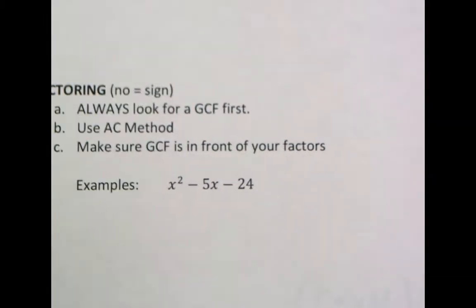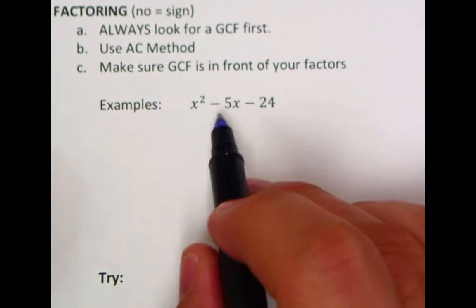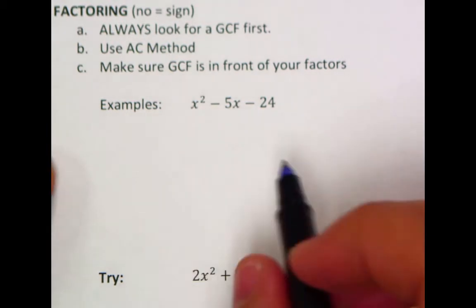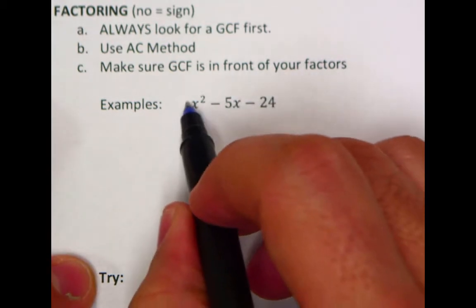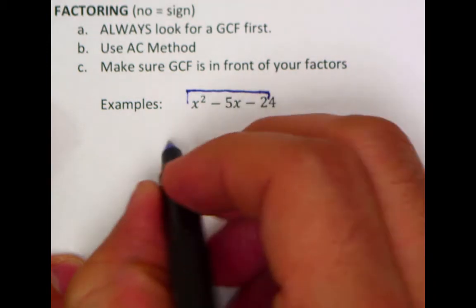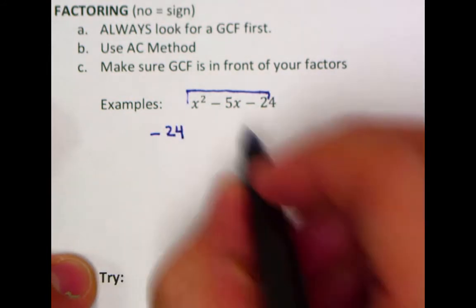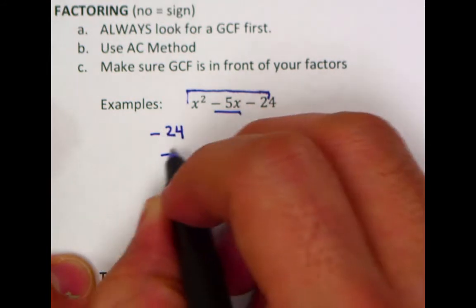Zoom in here. Perfect. So we have our first problem here. Now, if you remember how this worked, you did your A times your C, and that was negative 24. And then you had your B, which was negative 5.